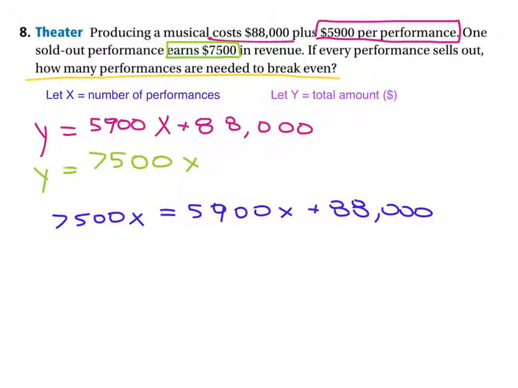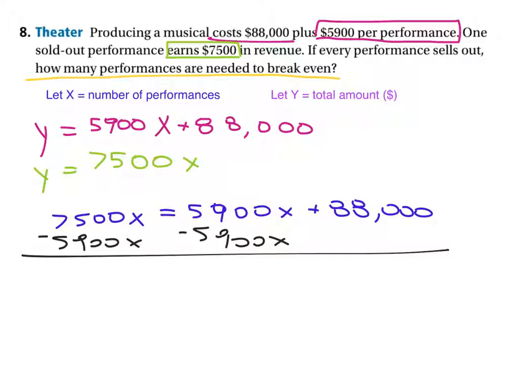And I've just decided let's go ahead and solve this. Why not? Okay? Let's subtract 5,900x from both sides, and we get over here, let's see, 15, if we borrow from here and get a 6, 1600x equals 88,000.